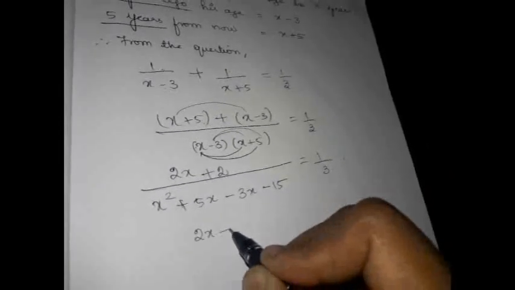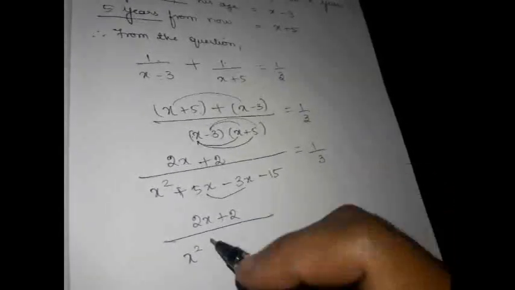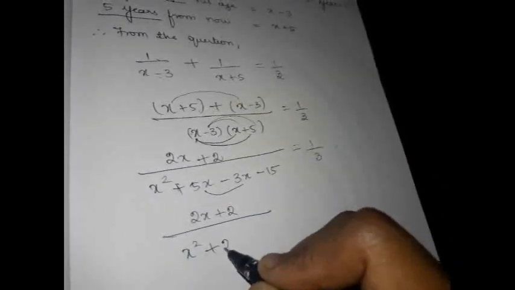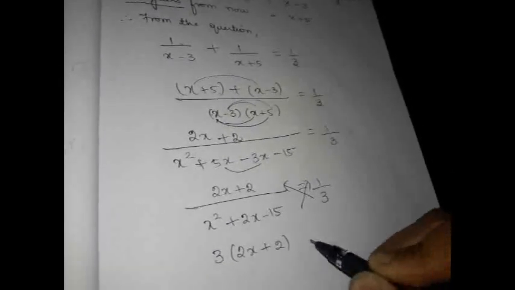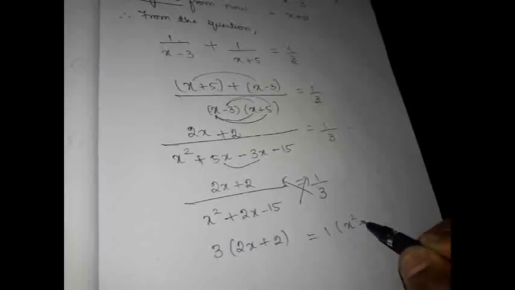Now simplify it further. (2x plus 2) divided by (x square plus 5x minus 3x is plus 2x minus 15), which is equal to 1/3. Now cross multiply it. We need to multiply 2x plus 2 entirely by 3, which is equal to 1 into x square plus 2x minus 15.